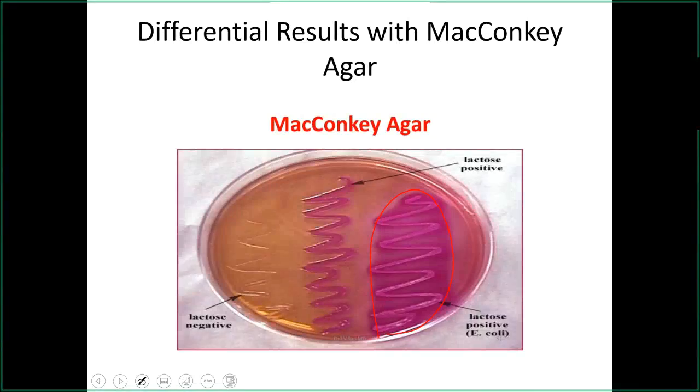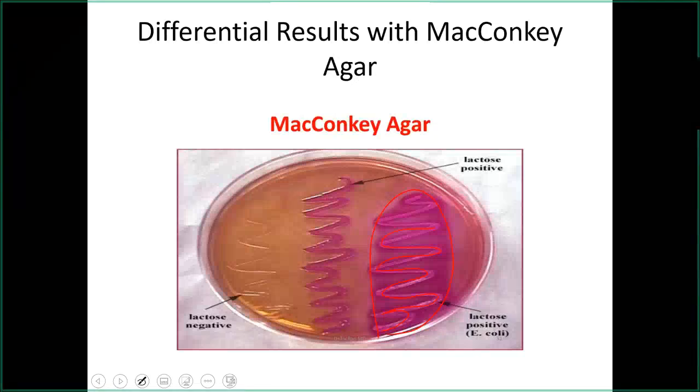And it's not limited to just the growth, which is in this streak here. You can see it kind of going out into the surroundings too. Okay? But what that must mean is this organism is producing an enzyme that it's secreting out of itself into the surroundings, and it's fermenting the lactose out there.